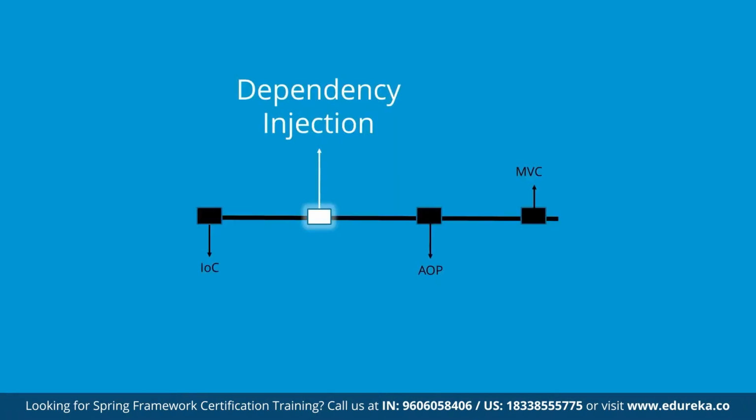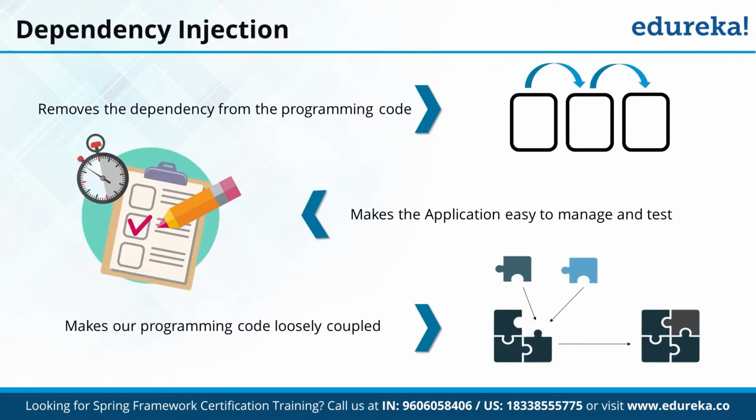Now, after inversion of control, we have dependency injection. Dependency injection is all about when we have dependency in our code, right? So the Spring Framework has this DI technique where we can remove the dependency from our code. It makes our application quite easy to manage and use, and most importantly, our programming code becomes loosely coupled.